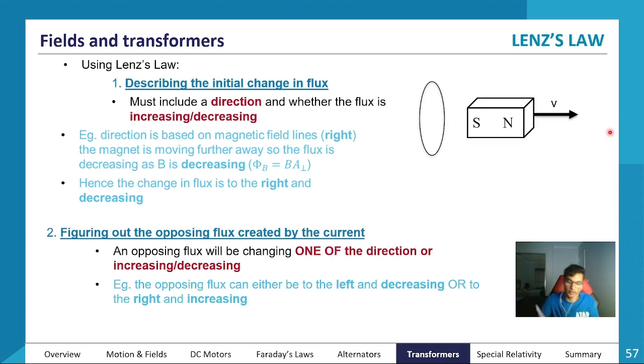I'll just quickly show you. The current will travel anti-clockwise. The reason why it's anti-clockwise is that when the current is traveling anti-clockwise, the magnetic field that it induces would go this way, something like this.